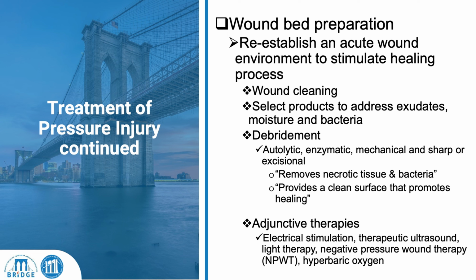Debridement, whether enzymatic, mechanical, or autolytic, has proven to be beneficial in wounds that are necrotic or maybe infected, leading to necrosis. Adjuvant therapies include electrical stimulation, therapeutic ultrasound, light therapy, negative pressure wound therapy, and hyperbaric oxygen.